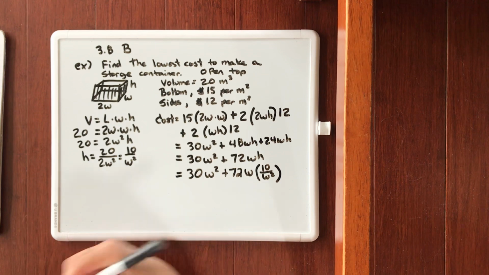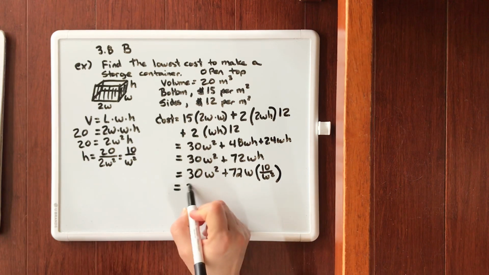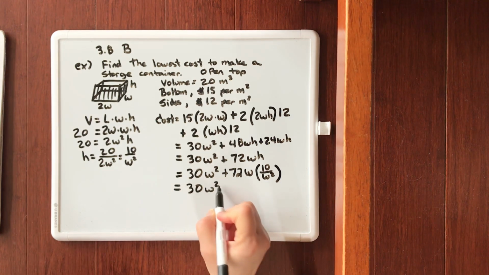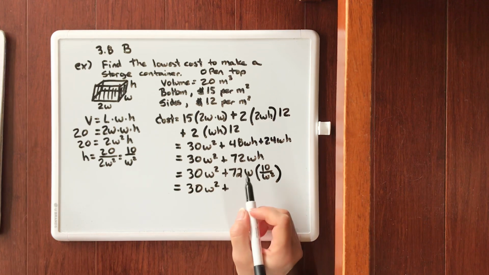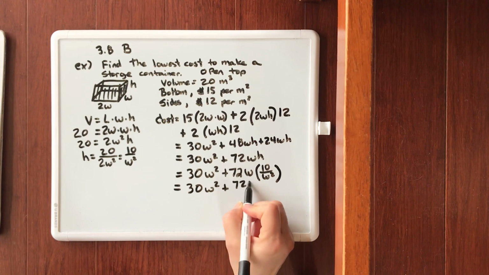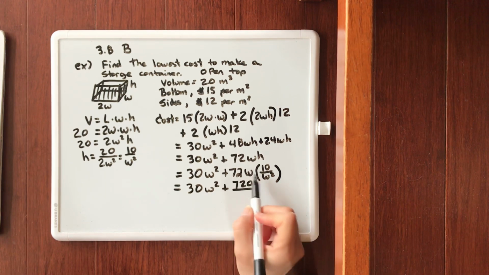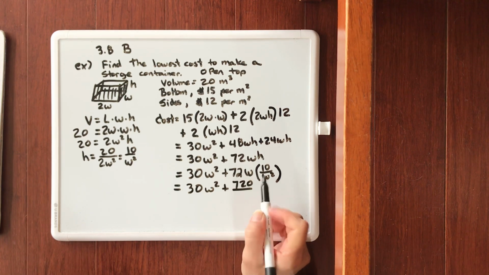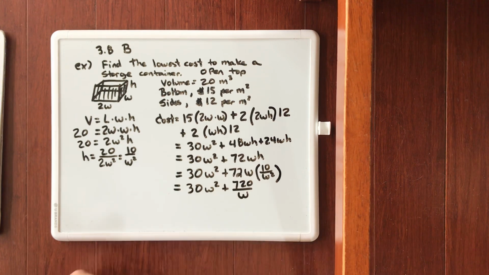Okay. So let's simplify this. 30 W squared plus, we're going to have 72 times 10 is 720. And this W cancels out the W squared, and we end up with 1 over W.